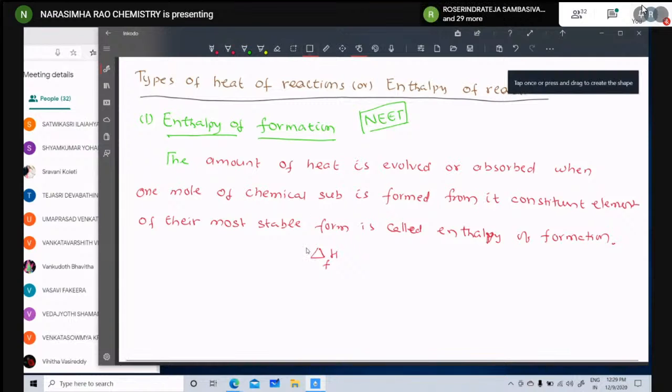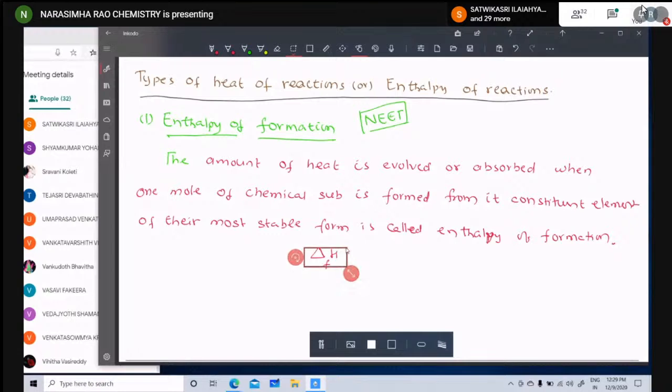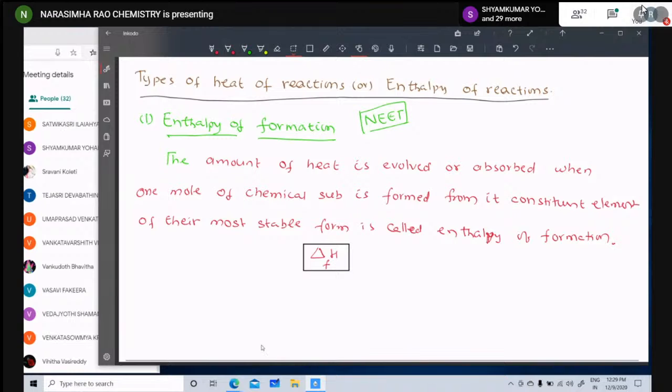Enthalpy of formation is denoted by delta H subscript F. Is it clear? For reaction we took R; for formation we say F. It's clear.